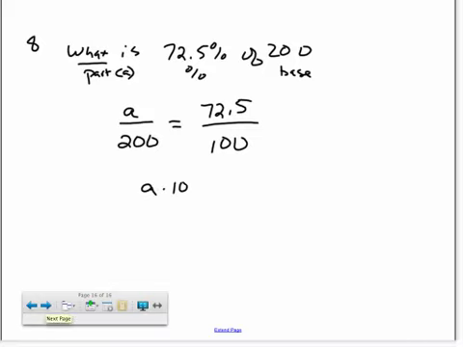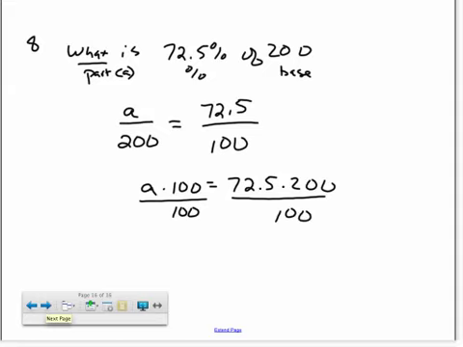A times 100 equals 72.5 times 200. And I think it's going to be easier for me to divide this 100 out earlier. So let's divide that out here. This goes in and I'm left with a 2. So 2 times 72.5 is going to give me 145. Okay, so A, my part, would be 145.